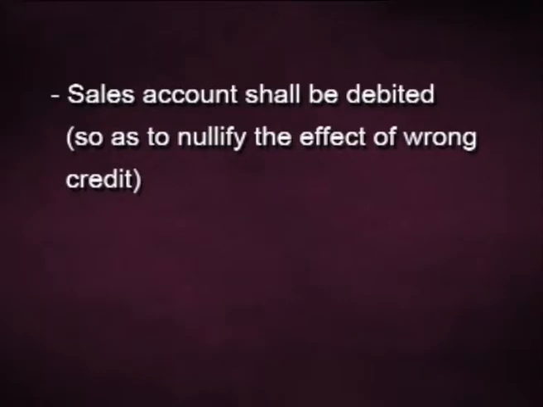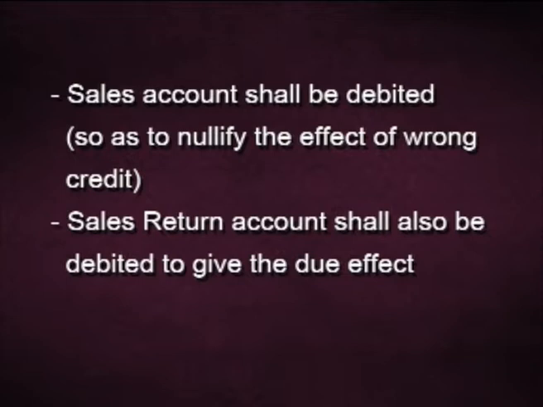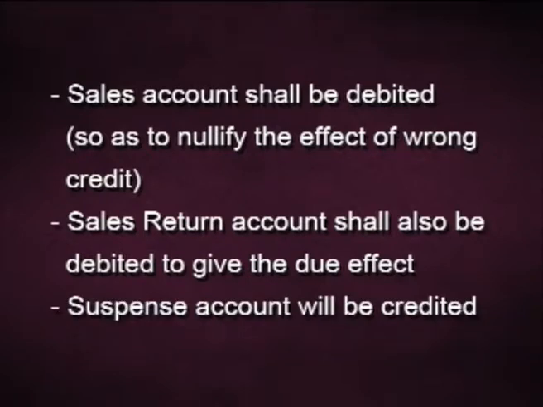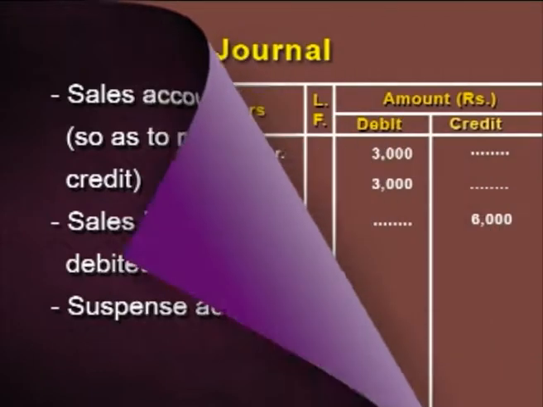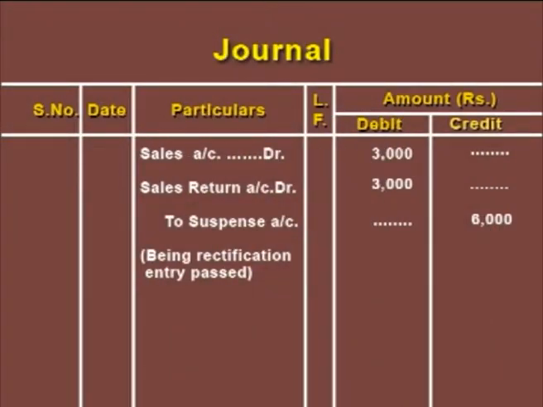So, in our rectification entry, sales account shall be debited so as to nullify the effect of wrong credit, and sales return account shall also be debited to give the due effect. As both these accounts will be debited, suspense account will be credited. So, the rectification entry will be sales account debit rupees 3,000, sales return account debit rupees 3,000 to suspense account rupees 6,000.